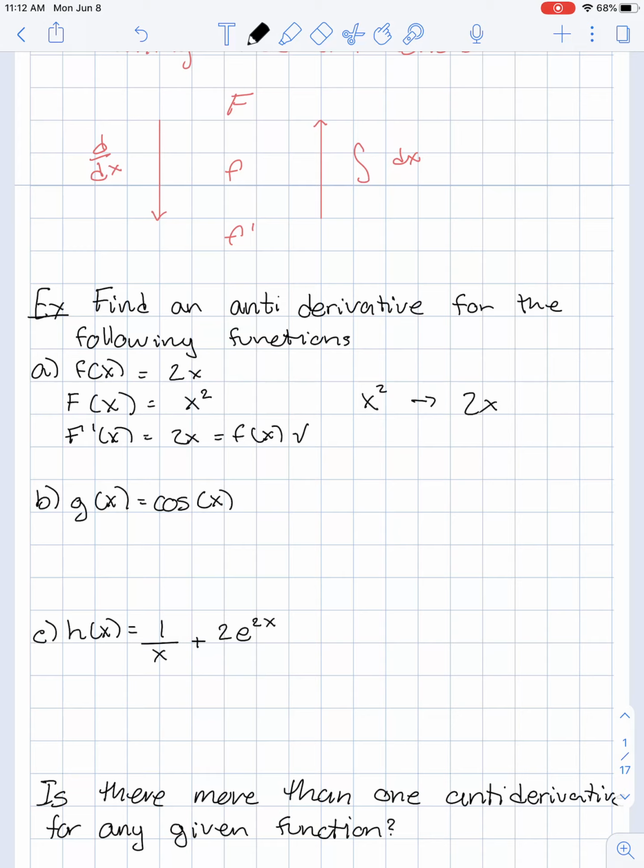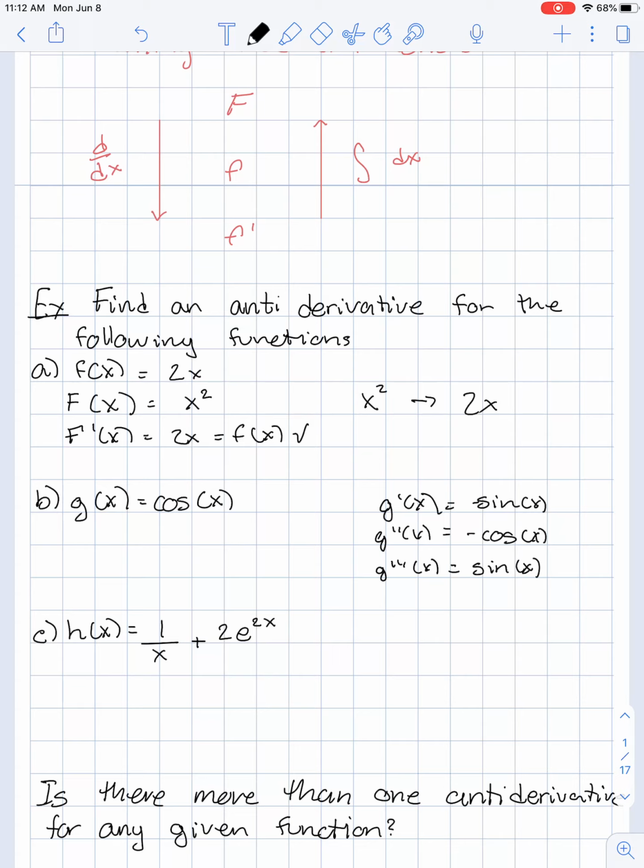All right, so cosine. Whose derivative is cosine? That's the question we're asking. Well, I know cosine's derivative is negative sine, and negative sine's derivative is negative cosine, and then negative cosine's derivative is sine, and then we complete that over again, right?